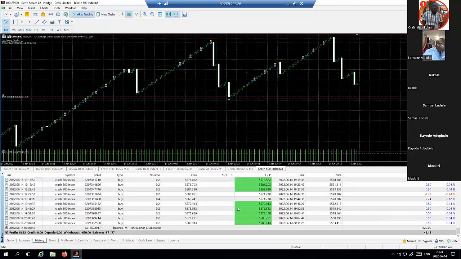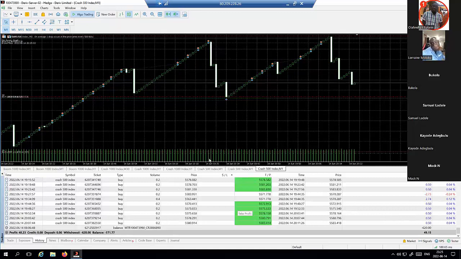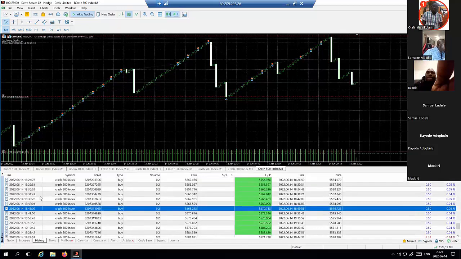So immediately that last one came in, I realized that I can't wait so long for the market to recover. Then I pulled out the Magic 2. The Magic 1 started giving me the profit from 17, 18.